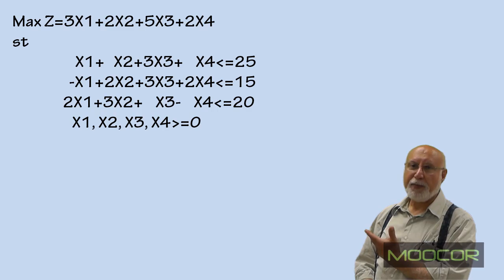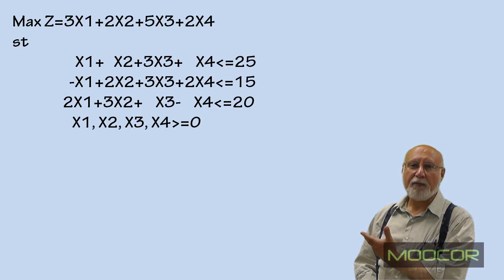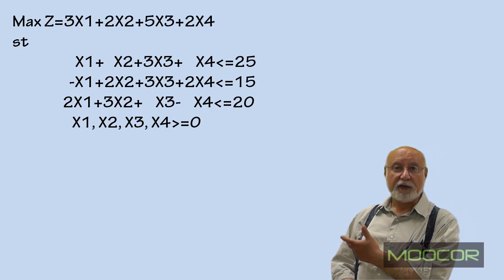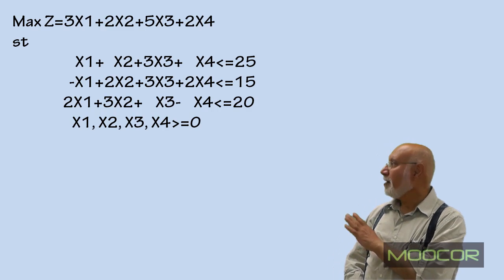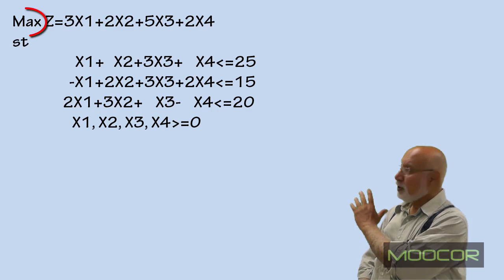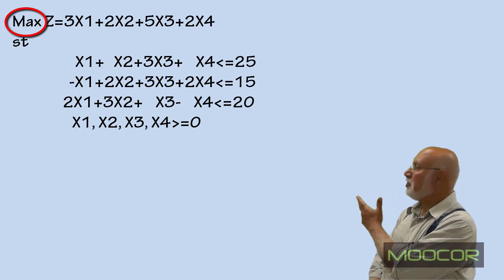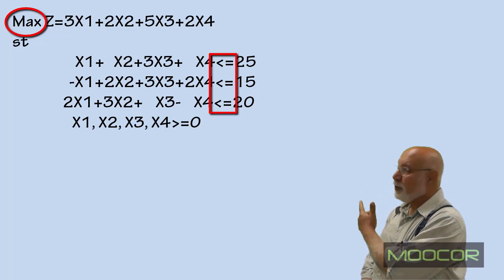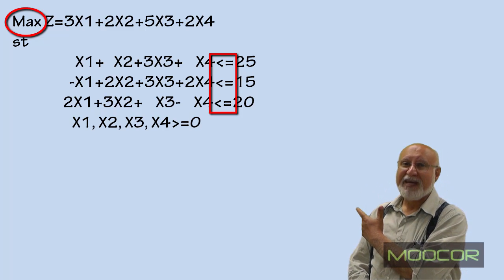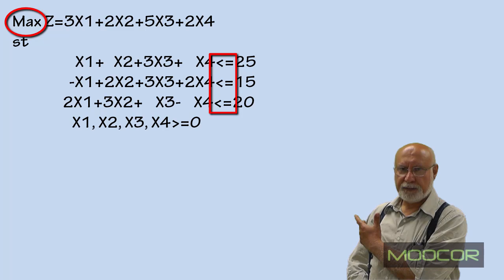Here is an example. This is the type of problem that we covered in Topic 4. You notice that in this problem, which is in the form of a maximization problem, all my constraints are in the form of less than or equal.